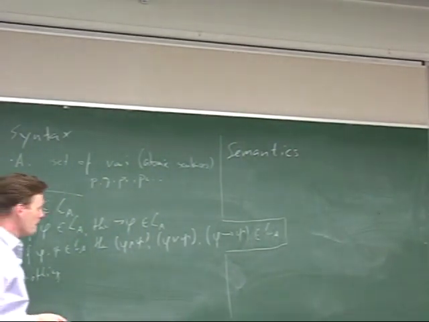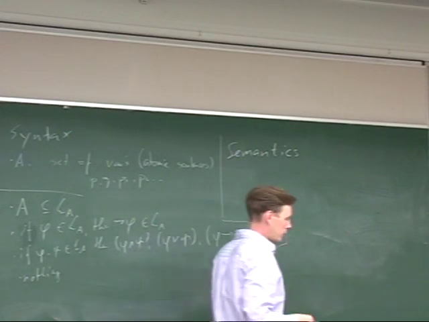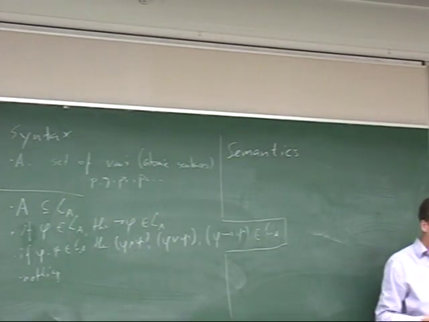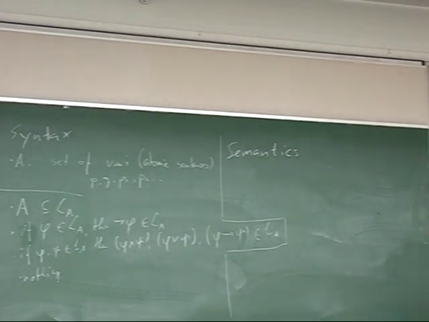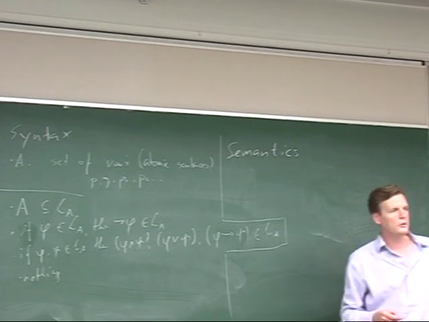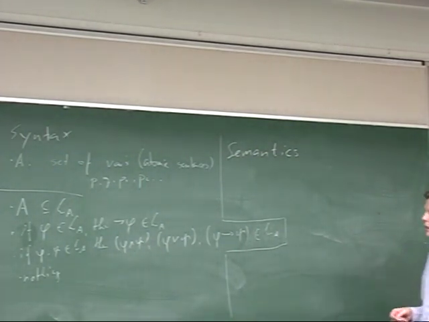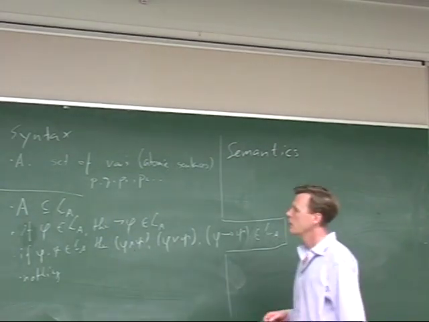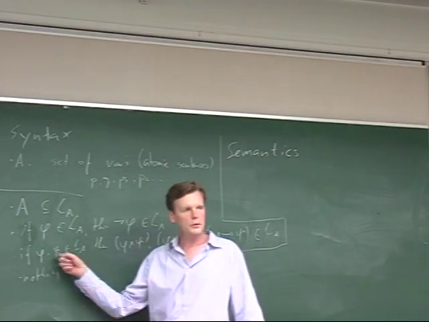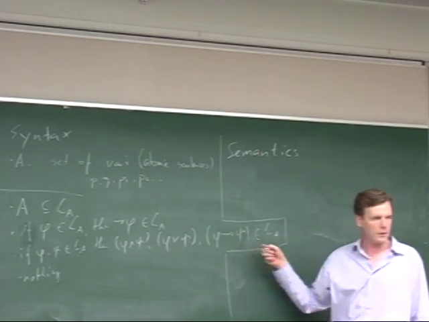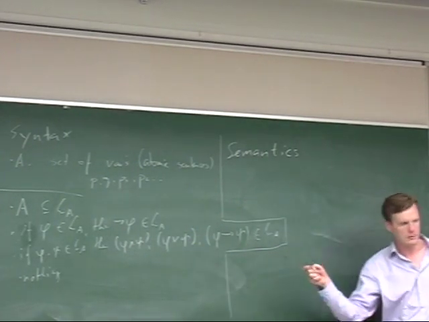Okay? So the semantics for this language is a very simple thing. We just say that sentences are interpreted by assigning truth values to them, and the only interesting thing that we get out of this is a way of determining, given the truth values of two sentences, what the truth values of their various compounds will be, right?